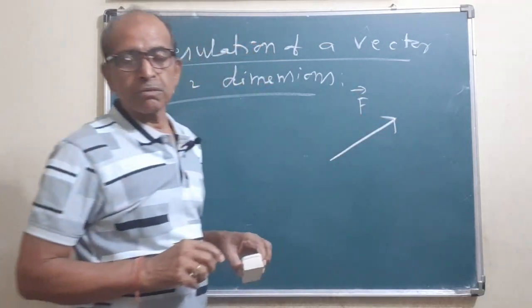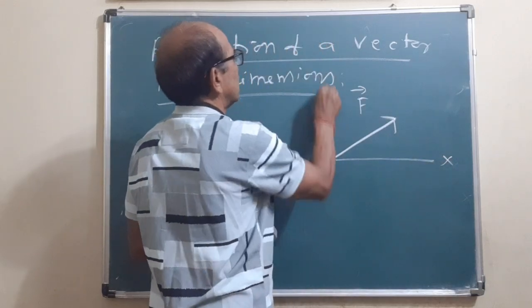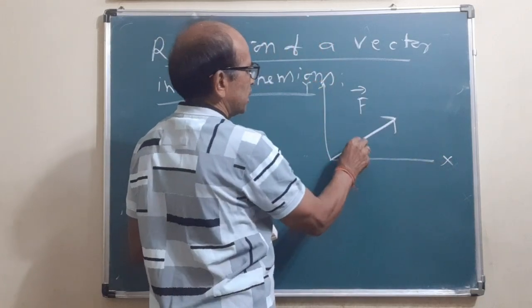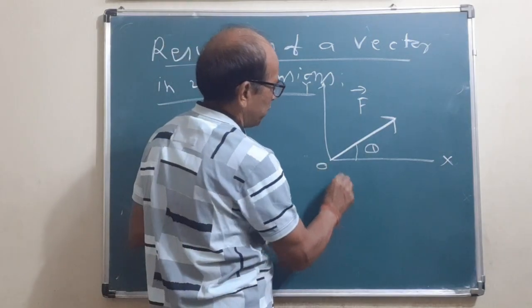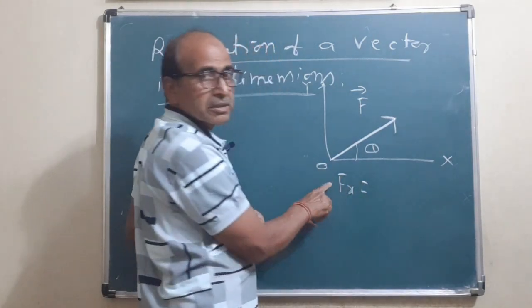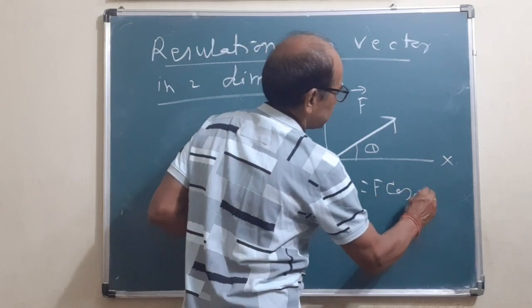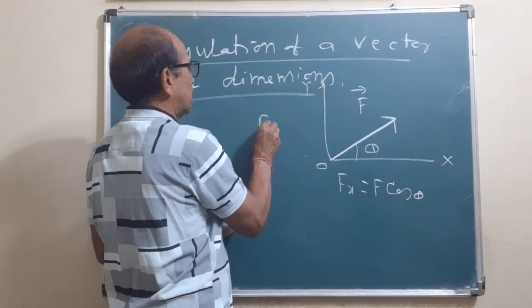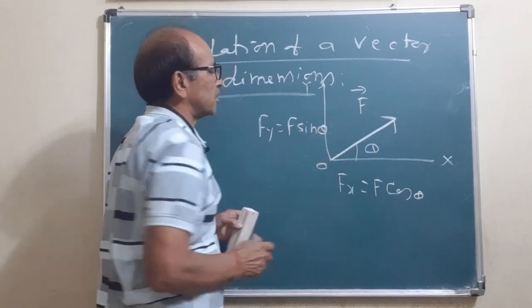This we can resolve. Here is our x-axis, here the y-axis, and the angle is theta. Then fx is equal to f cos theta, and here fy is equal to f sin theta.